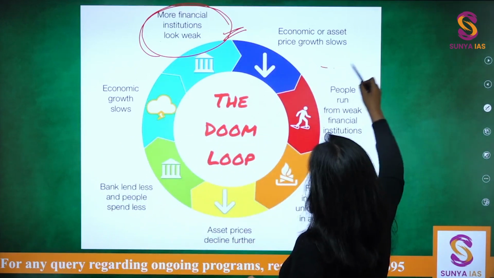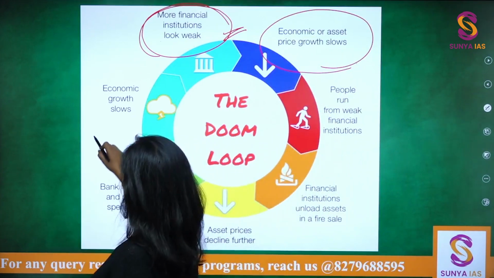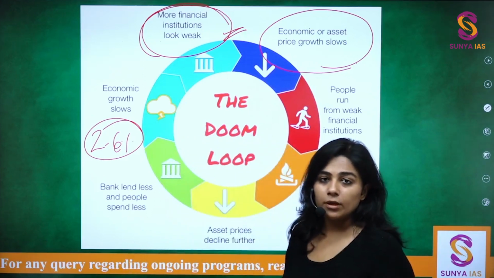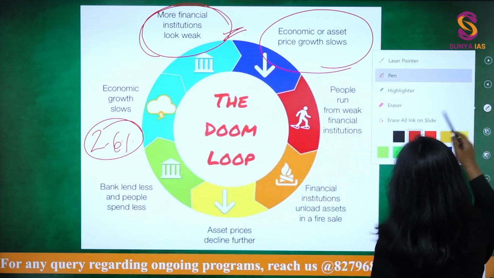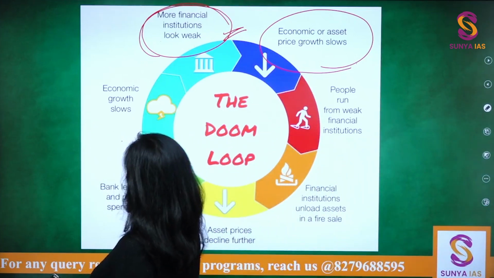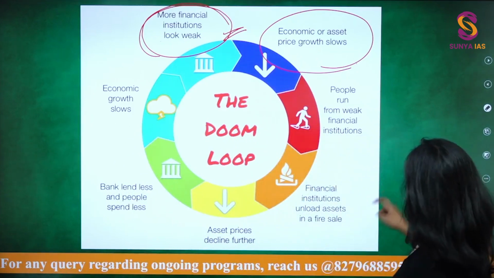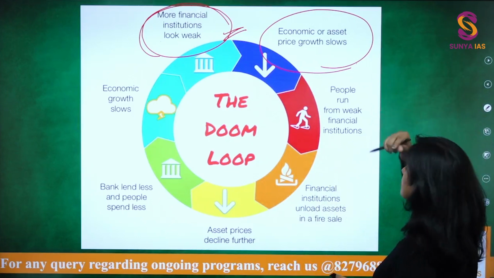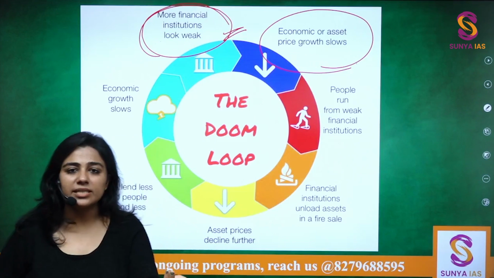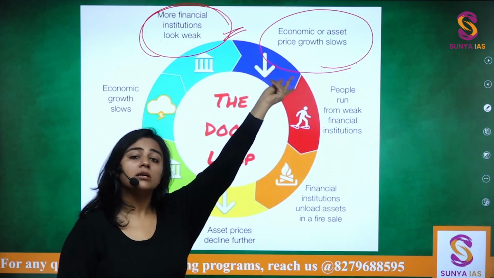Okay. Then economic or asset price growth slows. You understand that about 2 to 6% inflation is healthy inflation. That's why our inflation target is 4 plus minus 2. So when the prices of things are not increasing even in a healthy manner, that means no one is interested in purchasing them. Fine.